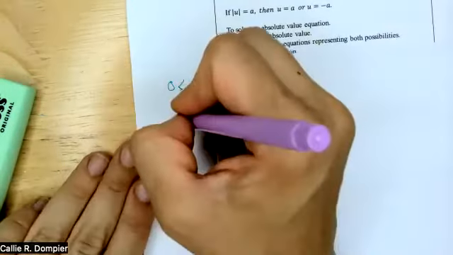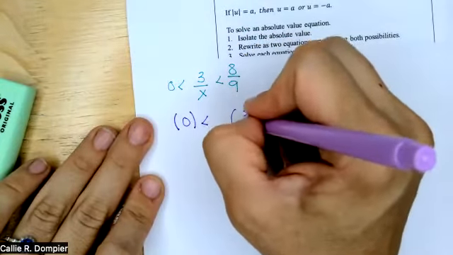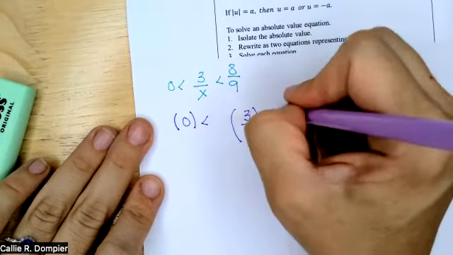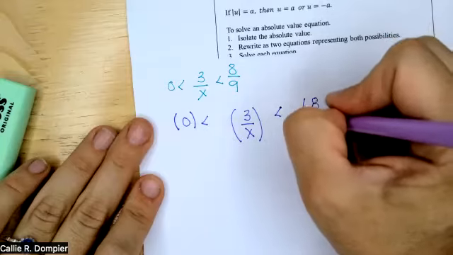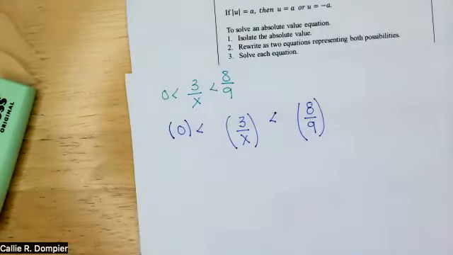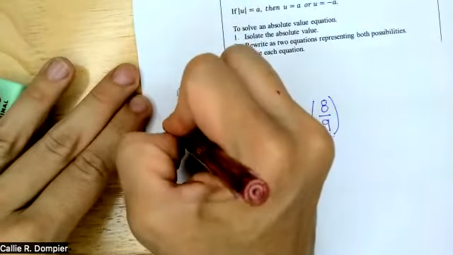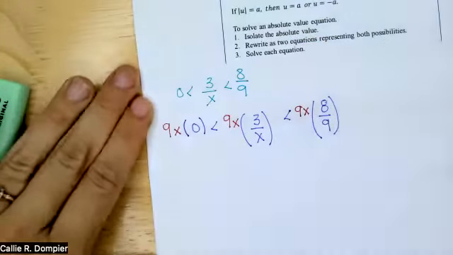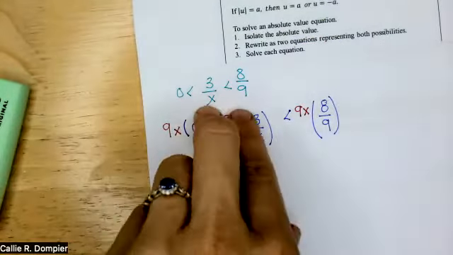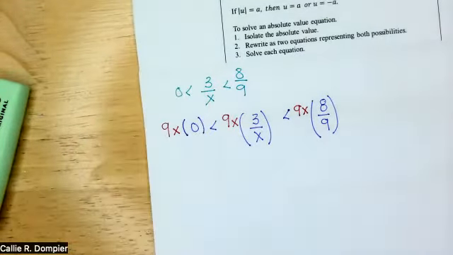So if I multiply everything by 9x, because it is the least common multiple of 9 and x, I should be able to get rid of both of my denominators.